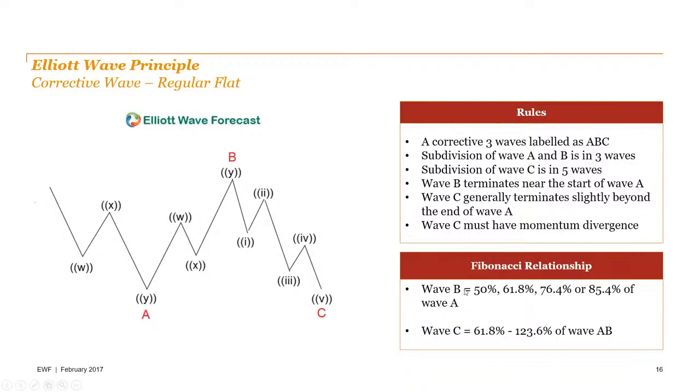The Fibonacci relationship of B is 50, 61.8, 76.4, 85.4% of wave A, because it terminates near the start of wave A, so it's usually not passing beyond. Now wave C is usually slightly beyond the end of wave A, so usually between 100% to 123.6% of A and B.